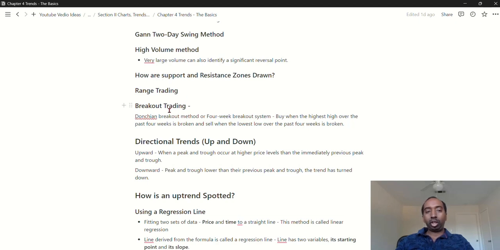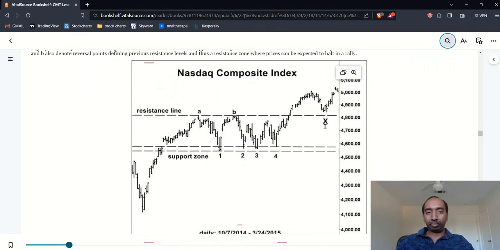Breakout trading: the Donchian breakout method, or 4-week breakout system, says buy when the highest high over the past 4 weeks is broken and sell when the lowest low over the past 4 weeks is broken. Breakout trading is nothing but prices breaking the resistance line and going above.